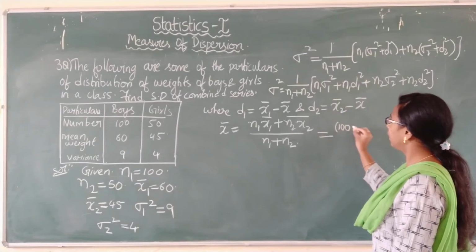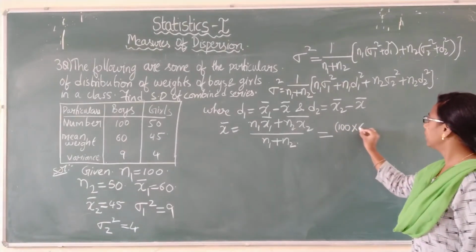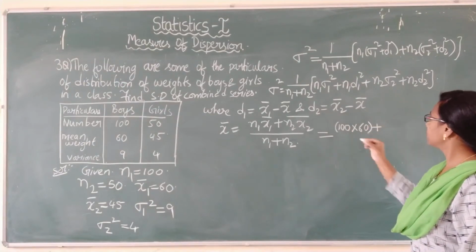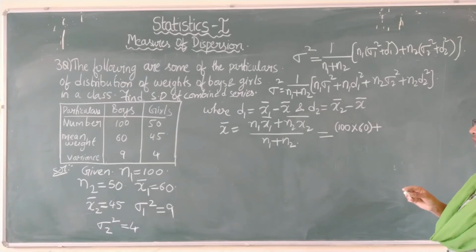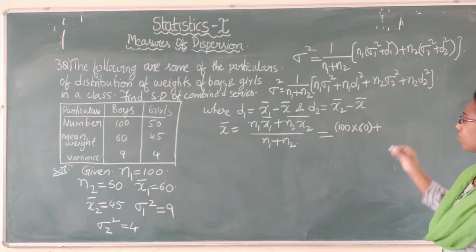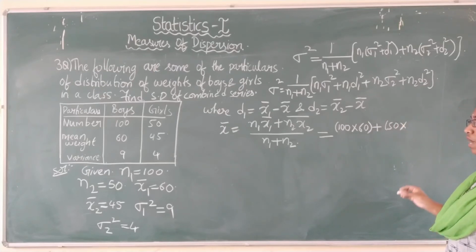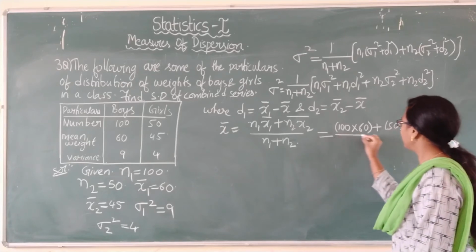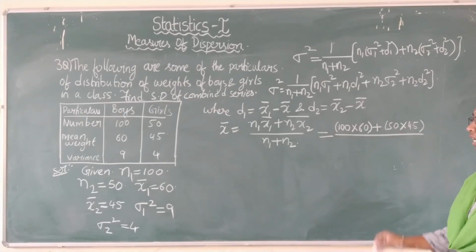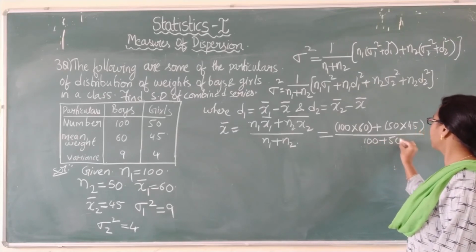So 100 into x1 bar, which is 60, plus n2 into x2 bar. What is the n2 value? 50. So 50 into x2 bar, which is 45, divided by n1 plus n2, that is 100 plus 50.